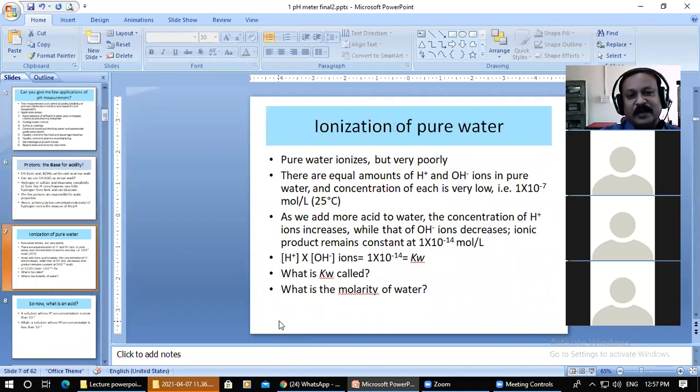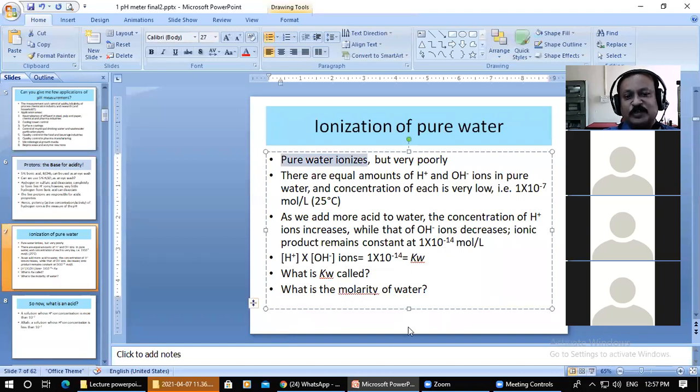Okay, then let us try to understand something about water itself. Pure water also ionizes. H2O ionizes. I think in the first part I have told you that pure water ionizes into H plus ions and OH minus ions.